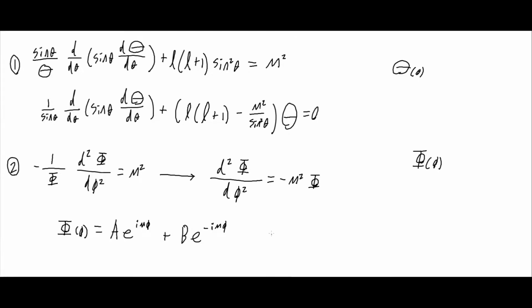And we have to have it so that the phi at 0 is equal to the phi at pi, and this can only be true if m equals an integer.